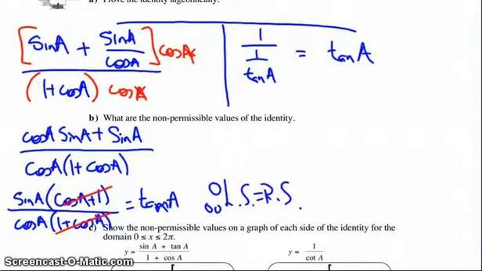So we're a little bit short of space there. And now we go back to the beginning and we look and see, what are my non-permissible values? Well, look and see where the denominators are. And I need to rewrite this one.